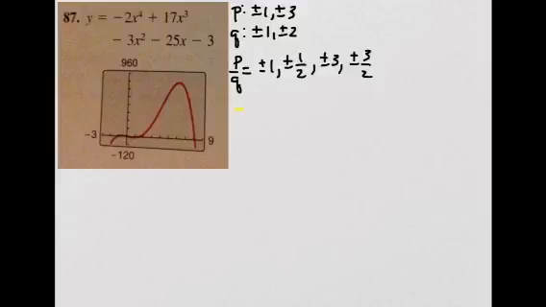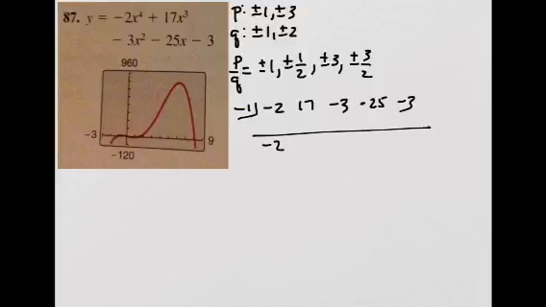Oops, change the color. -1. So -2, 17, -25, and -3. So -2, this gives you 2, 19, -19, -22, +22, -3, 3, and it worked.